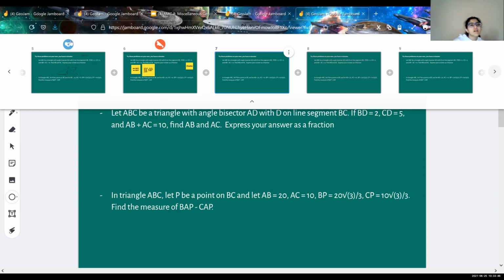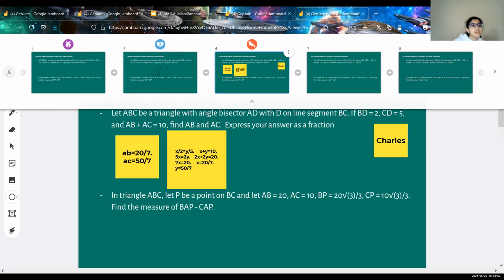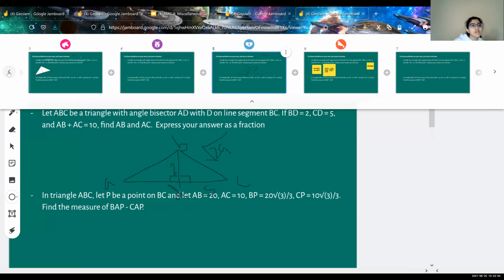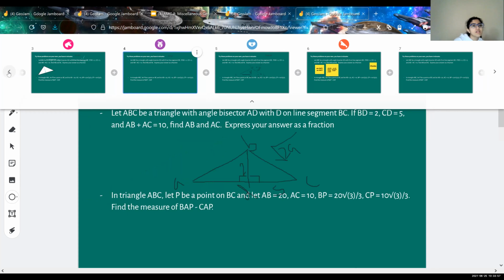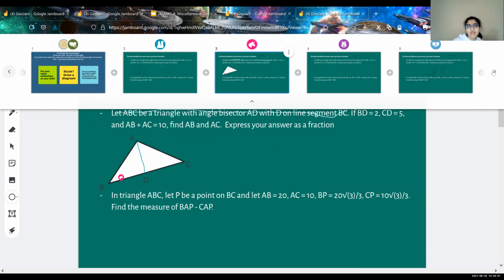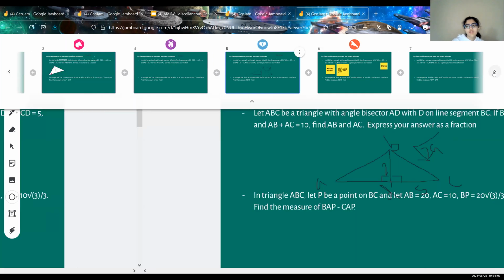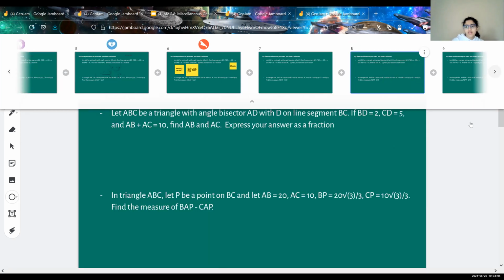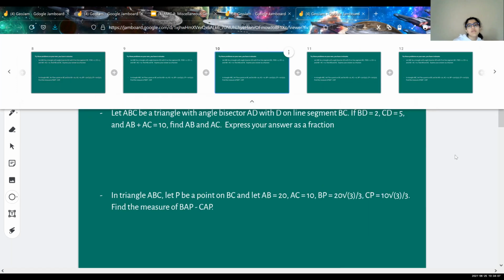So I see 2 people have started working. 3 people, 4 people. That's great if you are finished, but there are a lot of people who aren't.